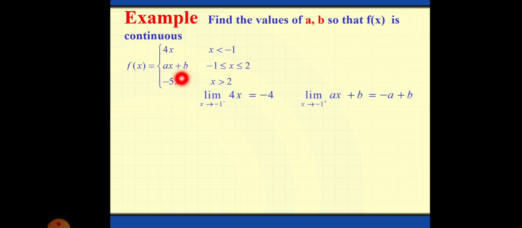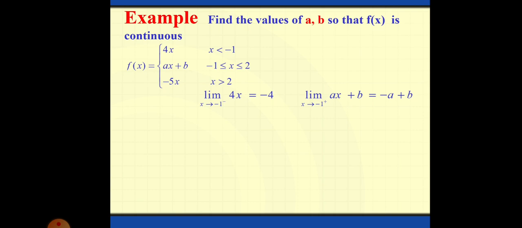The limit of the function when x approaches -1 from the positive side. Here x is bigger than -1, so you have to use this rule. So the limit of ax plus b when x approaches -1, you can substitute x equals -1, and the final answer is -a plus b.